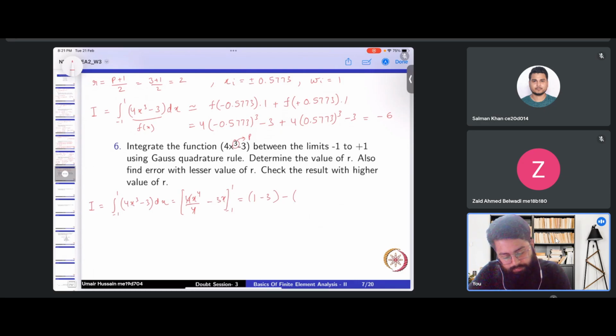Minus 1 to the power 4 is 1, and minus 3 into minus 5. Okay, so we have minus 2, minus 4 is minus 6. Nice. So we got the exact solution here.